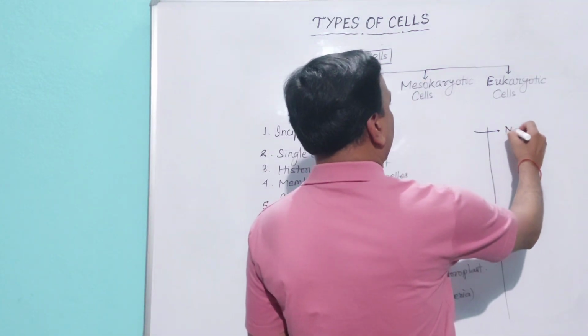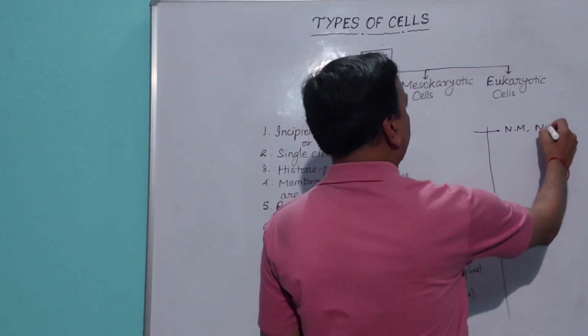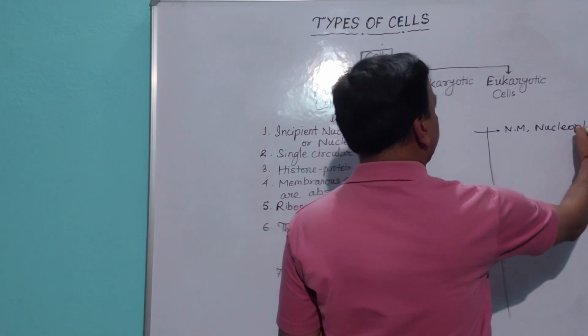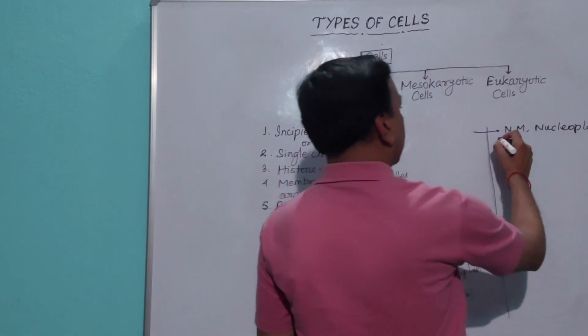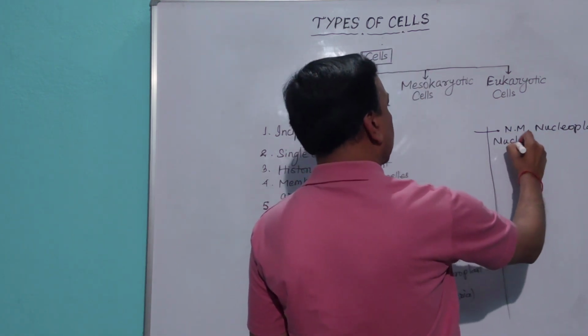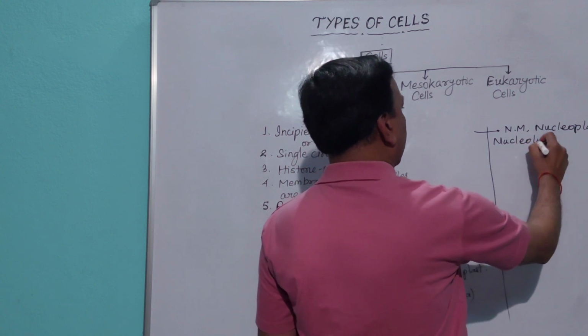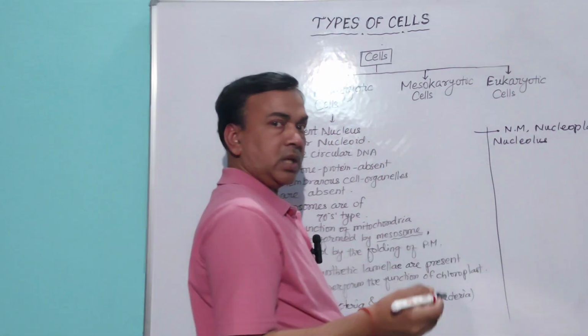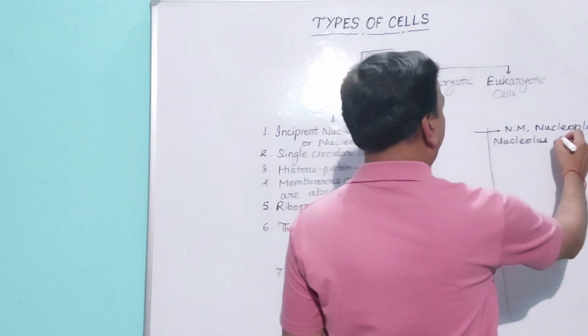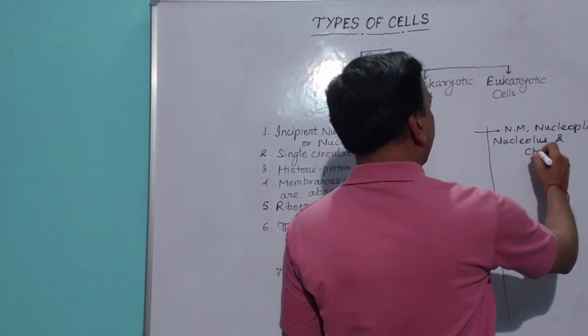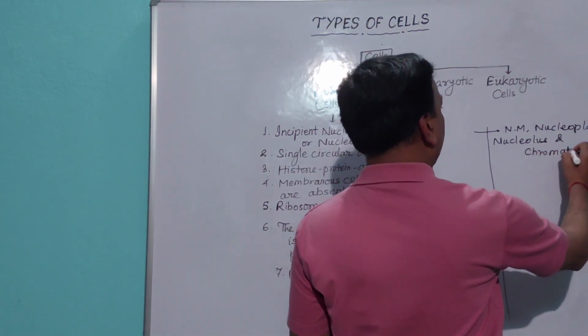The four components are nuclear membrane, nucleoplasm, nucleolus, a small spherical structure present inside the nucleus, and chromatin fibers.